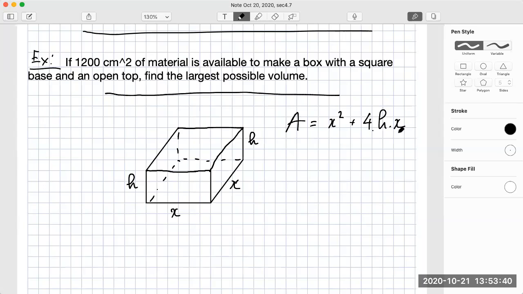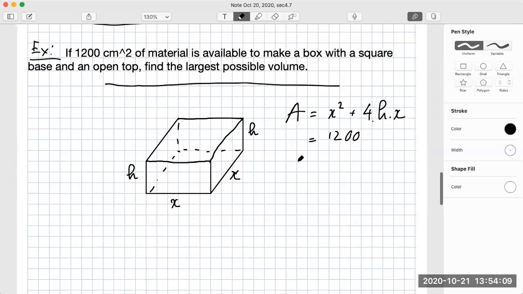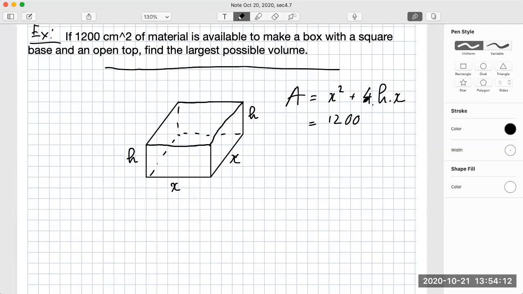So, are you okay with that? And people on Zoom? Yes. Very good. So that is the area, and it is given that it is 1200 centimeters square. What we need to do, from this one, we can write x in terms of h or h in terms of x, right?